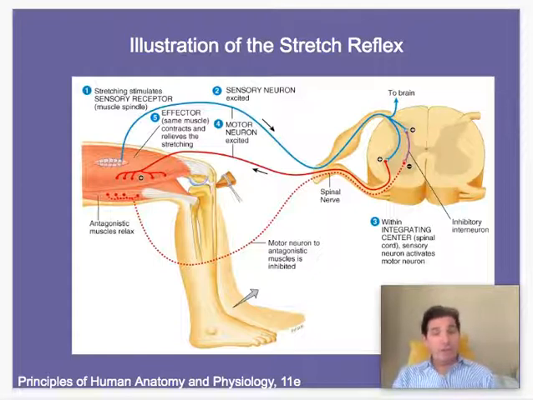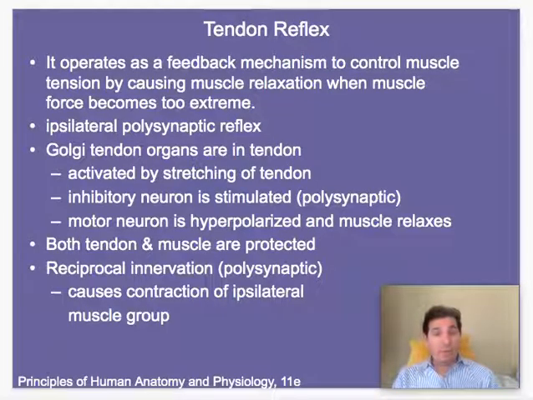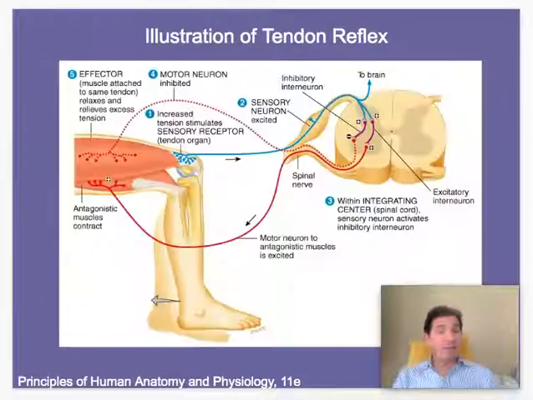In addition to that, as we're doing that, it's also causing a tendon reflex, which is where a Golgi tendon organ is stimulated and causing pressure. So when we look at that, we see this. And where's that tendon organ? Basically, it's right up here in the tendon, right above the knee.